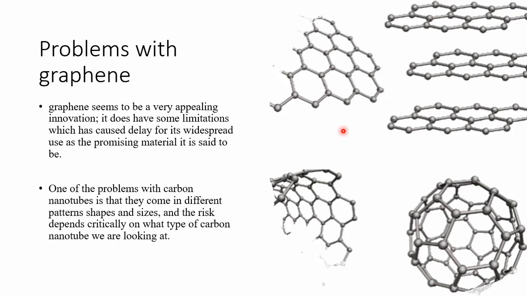So that is a problem in manufacturing them, to make sure that we separate and not contaminate while doing this separation of the graphene, so we make sure it remains as pure as it can be.